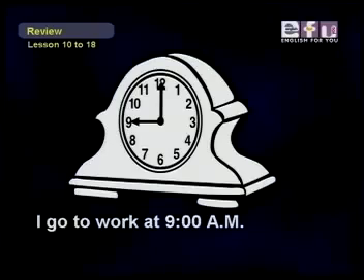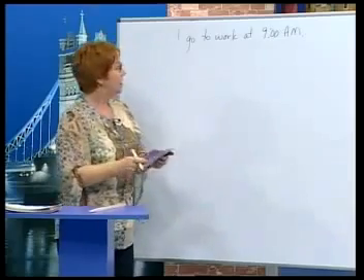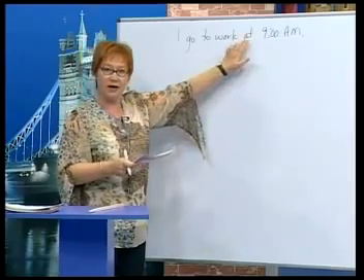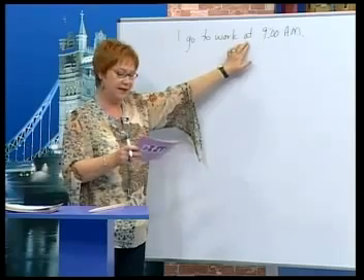Now, let's talk about more information about time. And let me write one sentence on the board. I go to work at 9 a.m. Now, we are going to talk about prepositions, little words like this.